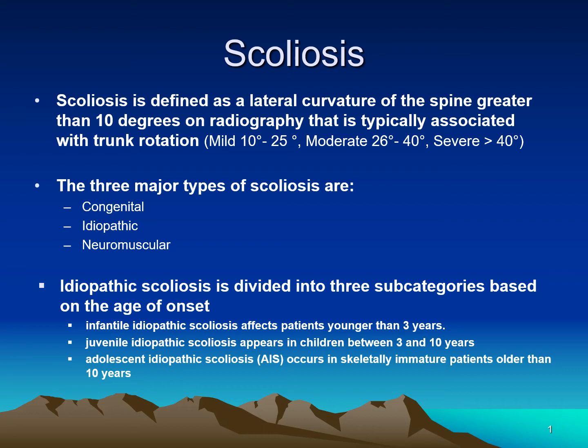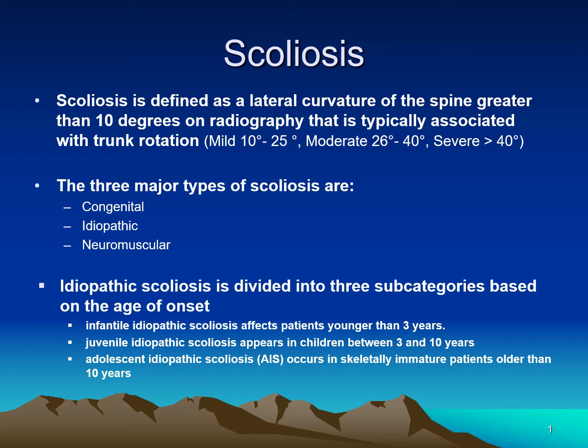It's idiopathic. There really has not been any discovery yet as to why that does occur. It is about 70 to 80% more prevalent in females than males. And then neuromuscular would be some type of neurodegenerative disorder like muscular dystrophy or cerebral palsy, where there's just tremendous muscular imbalance.